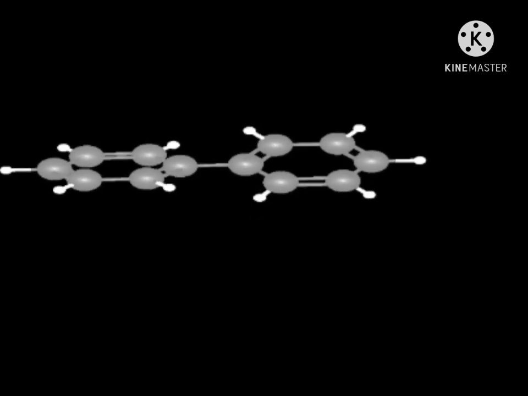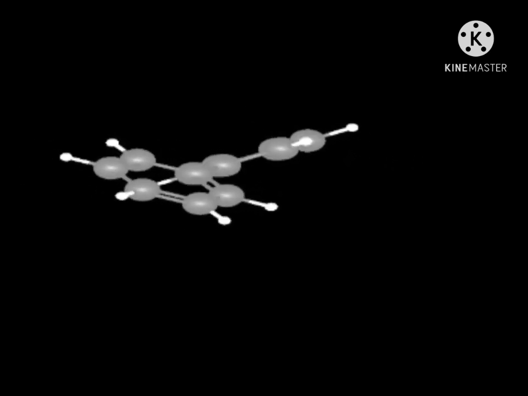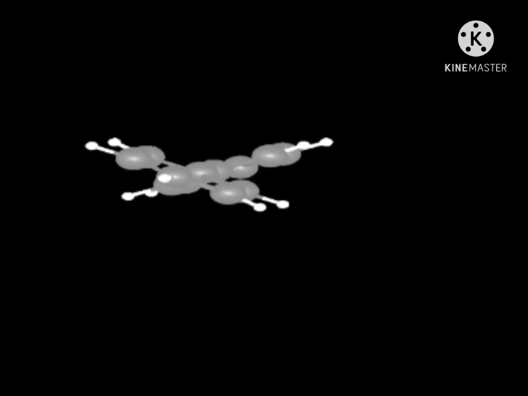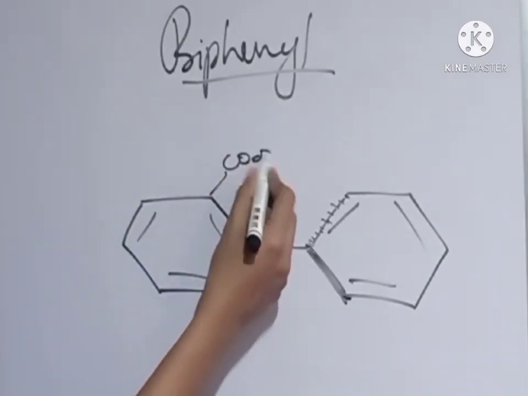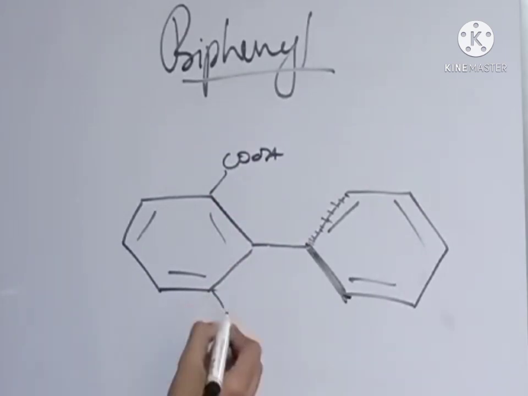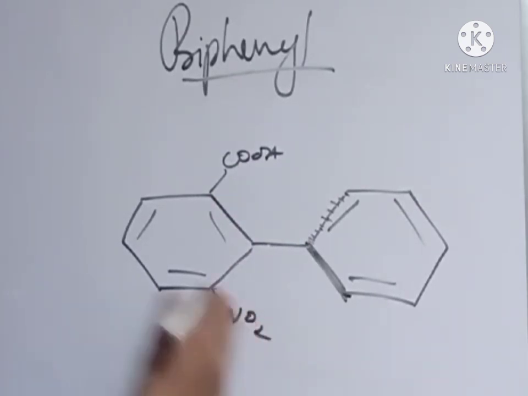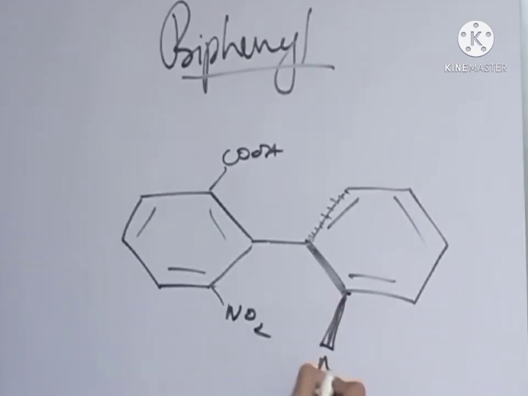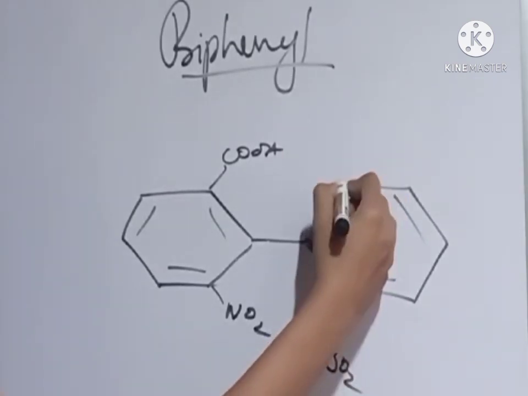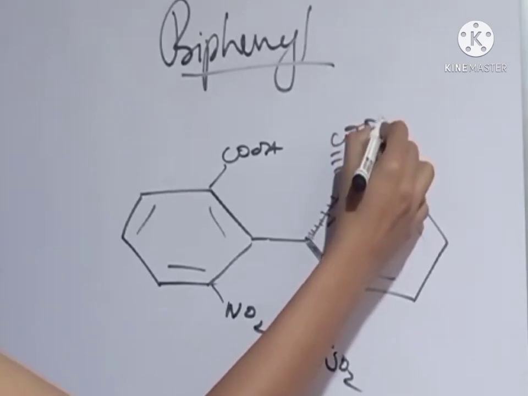Now here is a plane of symmetry, but suitably substituted benzene rings will not have any plane of symmetry. So if we substitute any groups here, I am going to substitute a COOH group and here I am going to substitute one NO2 group. In the same way I am going to substitute an NO2 group here and one COOH group here.